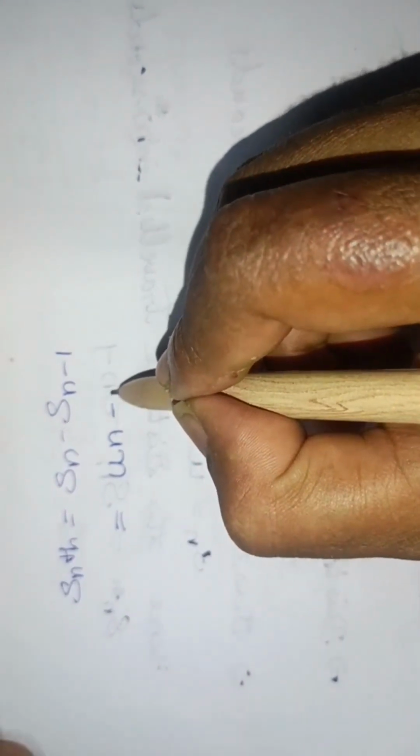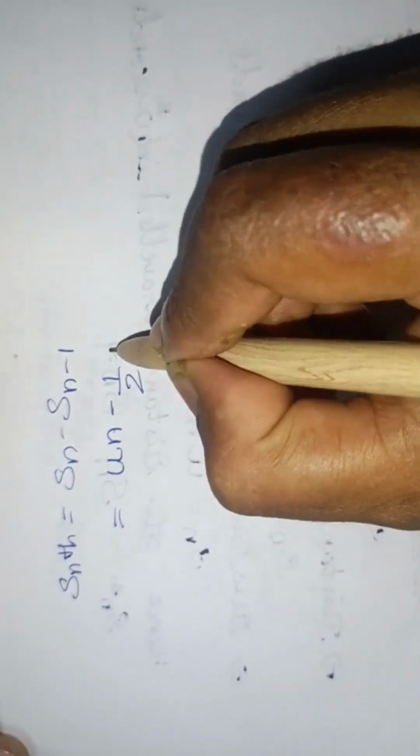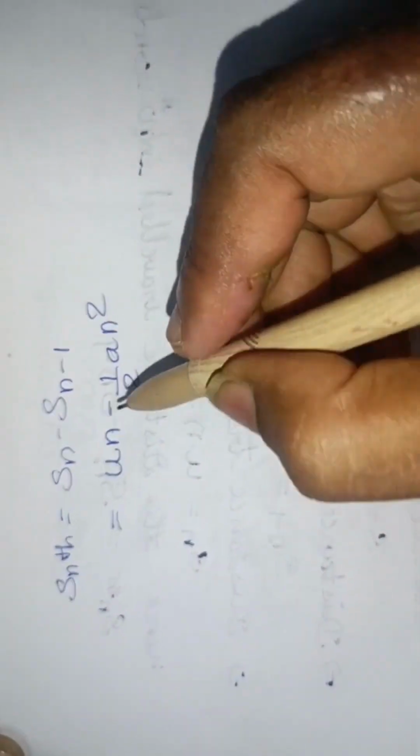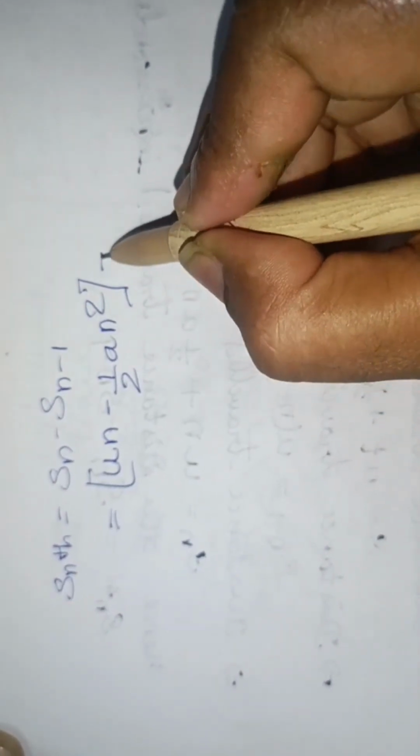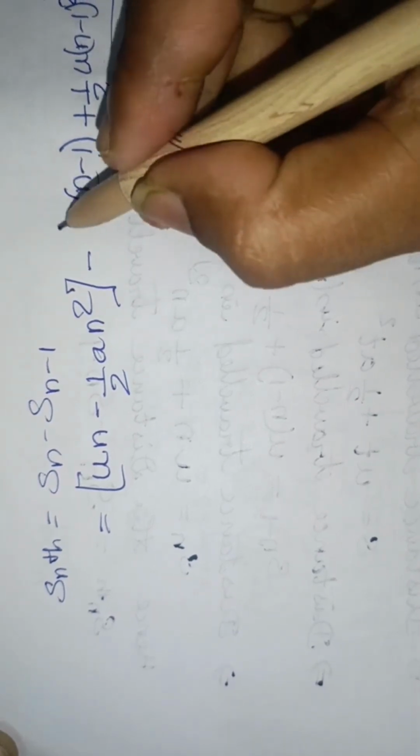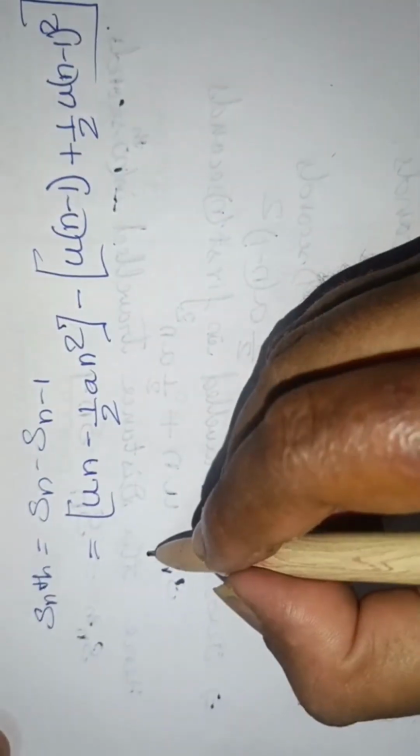It is u times n plus half times a times n square, minus u times (n minus 1) plus half times a times (n minus 1) the whole square. I hope this is very clear. So shall we start with the derivation part?